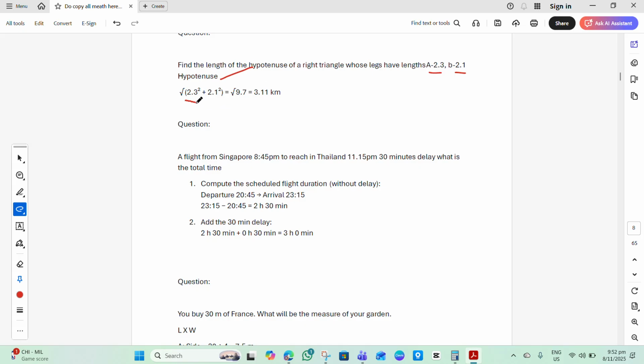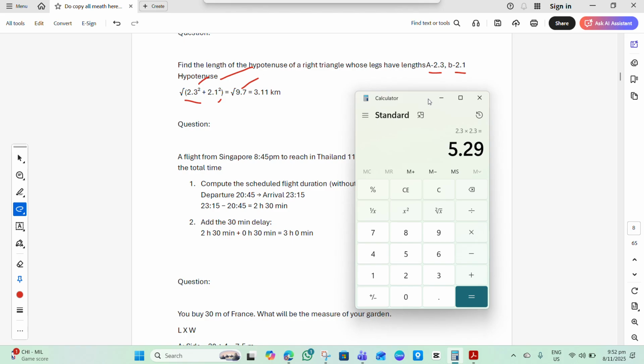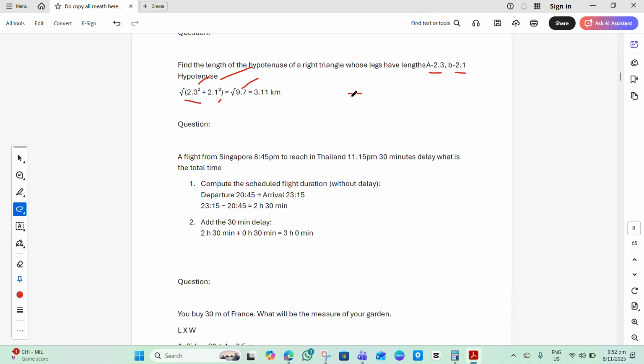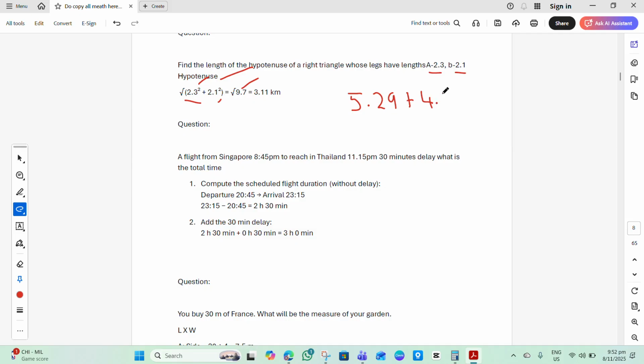You do 2.3 squared plus 2.1 squared. Together it comes to 9.7, and the square root of 9.7 is 3.1. Let me show you here: 2.3 multiplied by 2.3 is 5.29, and 2.1 multiplied by 2.1 is 4.41.